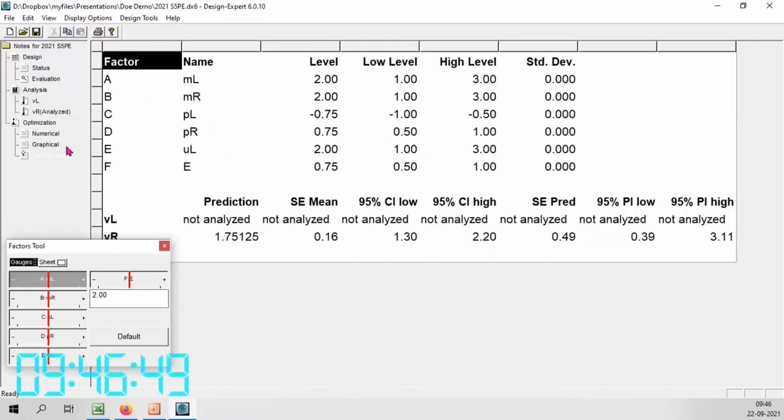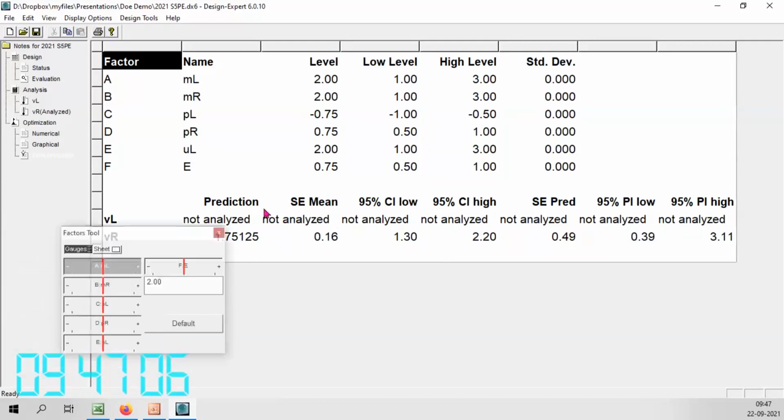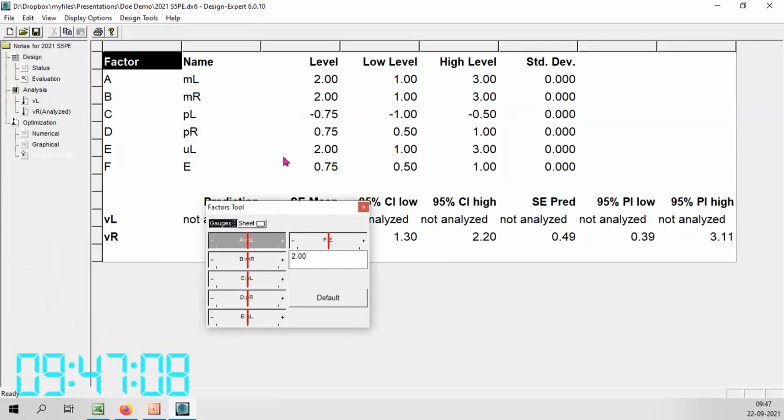So we can do a point prediction. So that is the confirmation experiment. If you are satisfied with the model obtained, we do the final stage, a confirmation experiment. We need to do more steps, we have not done all this, just to demonstrate and to save time, directly going to the final one. I choose some values.